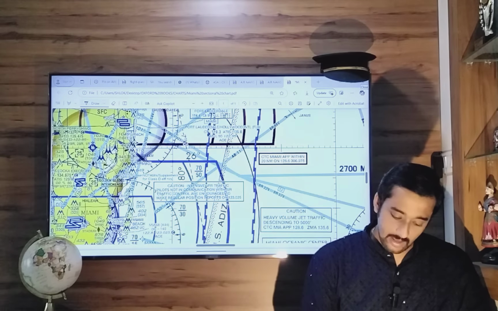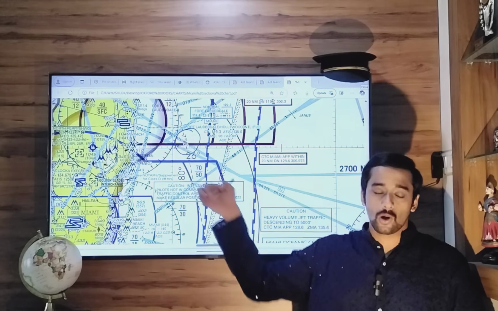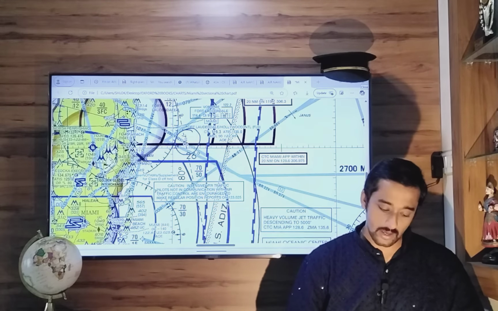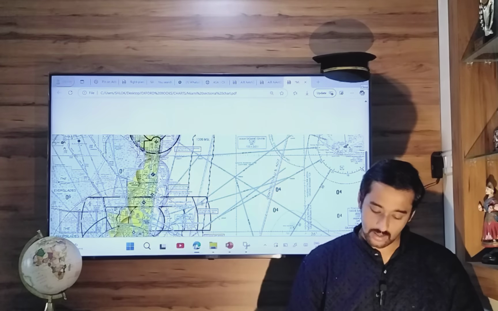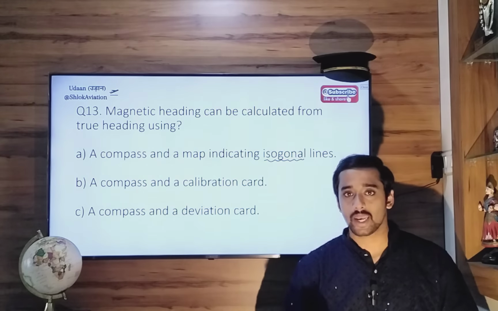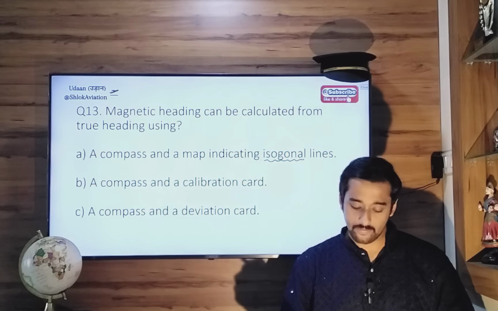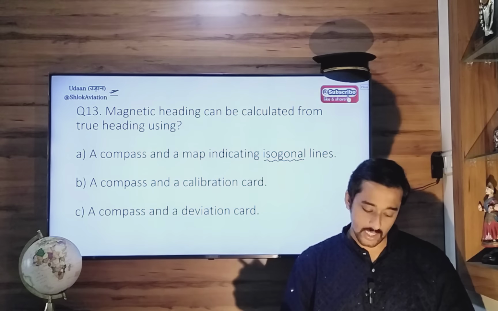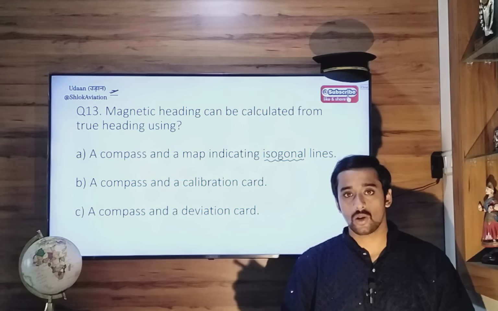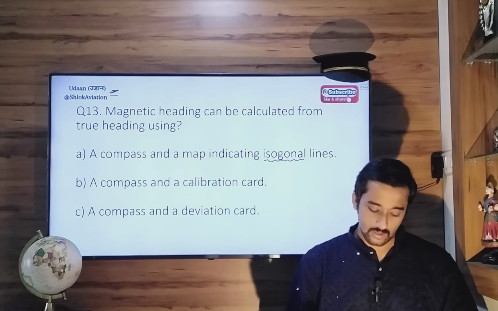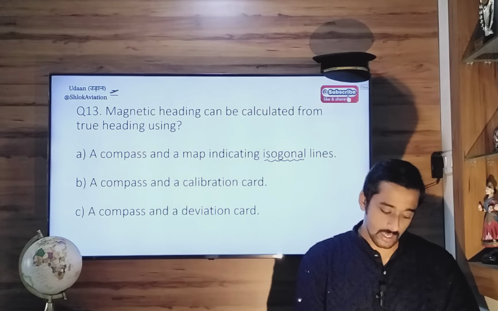So this line is your isogonal line. Any aeroplane flying in this particular area will use that 7 degree west variation and convert its true headings to magnetic headings. Now, magnetic headings can be converted into corresponding compass headings using your magnetic compass and the deviation card that comes along with it. So that is for compass heading. But for magnetic and true, it is the isogonal line. So option A is the correct answer.